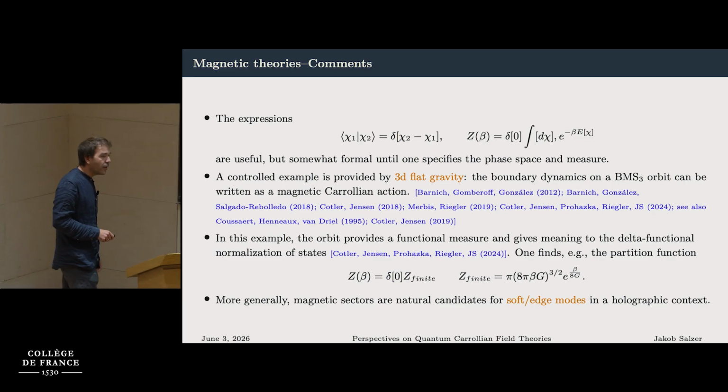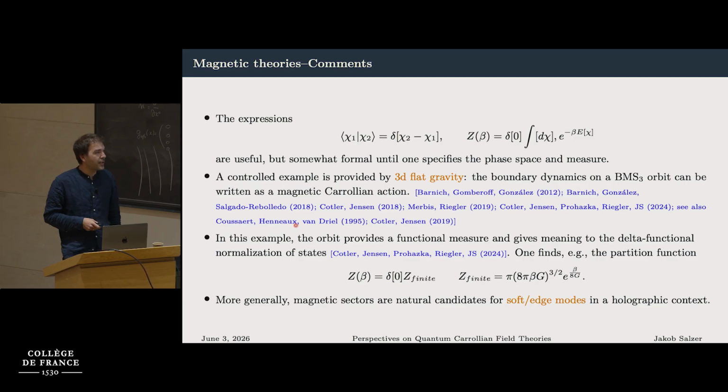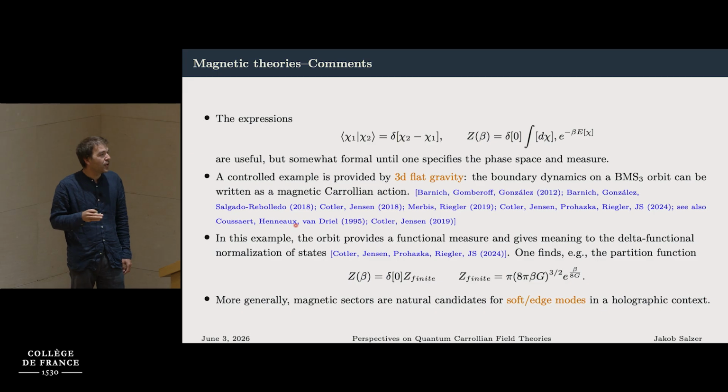More generally, if we think about some holographic duality, you might expect that this magnetic sector is a natural candidate for the soft modes or edge modes. Indeed, in 3D gravity, the only thing you have are edge modes.